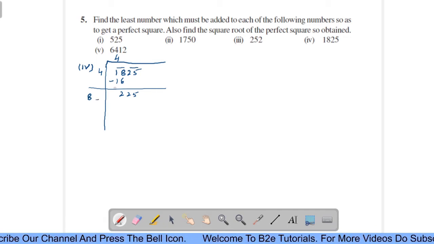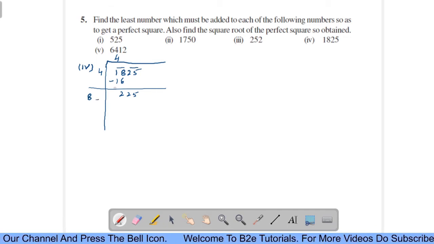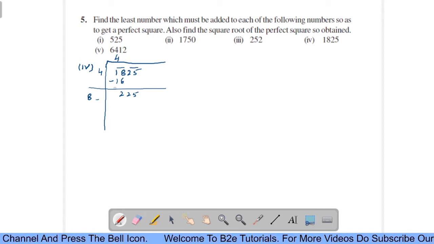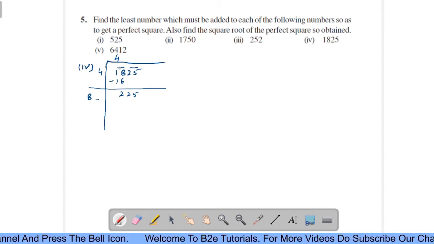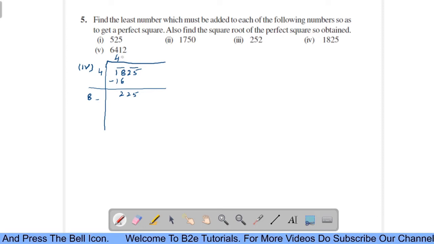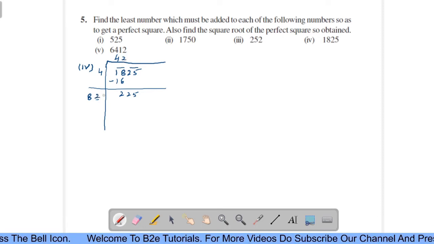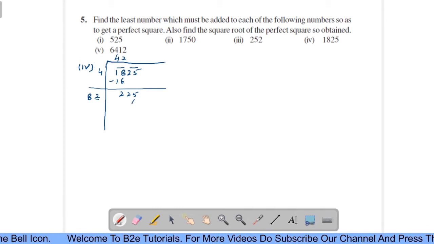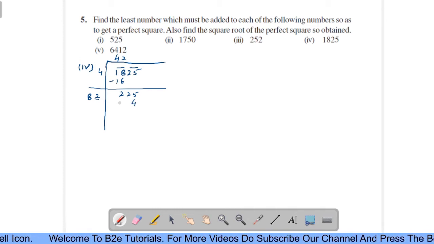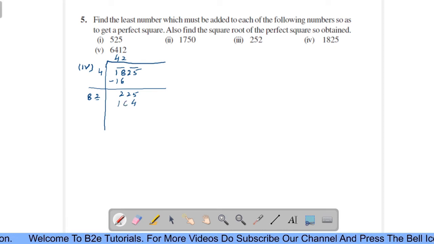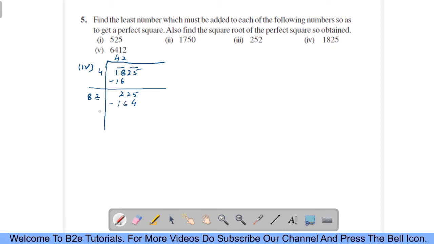Now how many times it will go? It will go 2 times. Write down 2 here and 2 here. It is 2 4 and 2 16. Subtract it.